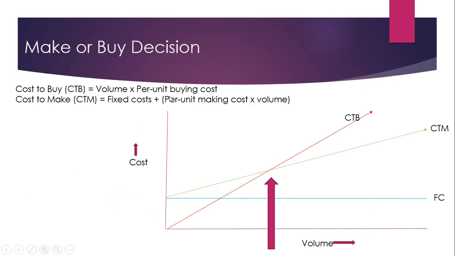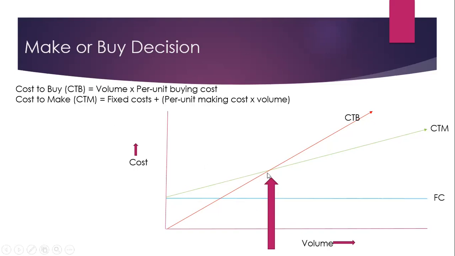Since per unit buying cost will always be more than per unit making cost, the slope of the CTB is more than the slope of CTM. Since the slopes are different and slope of CTB is more, the CTB will cross CTM at some point when compared with the volume.